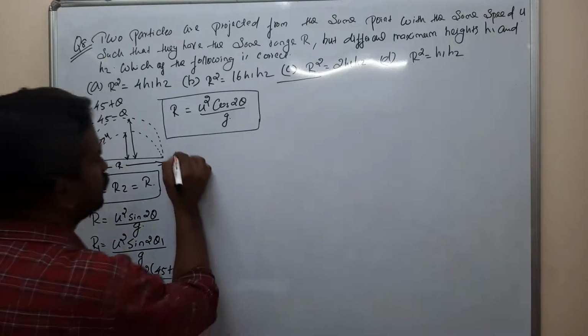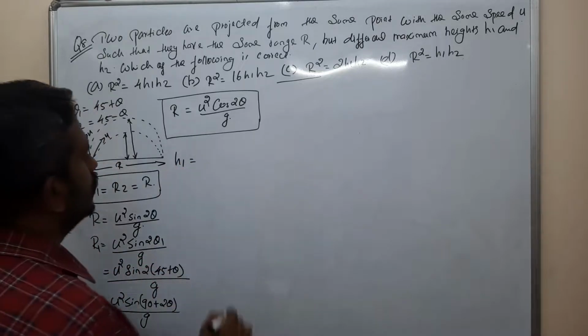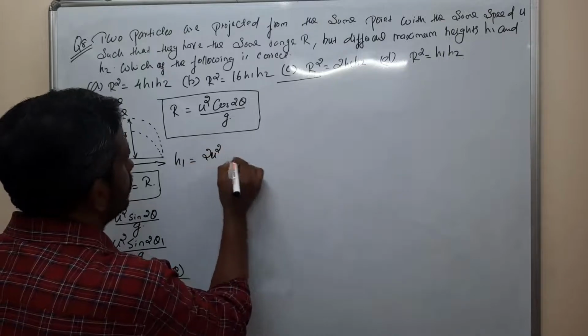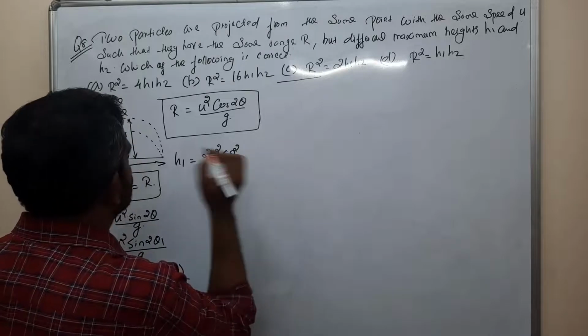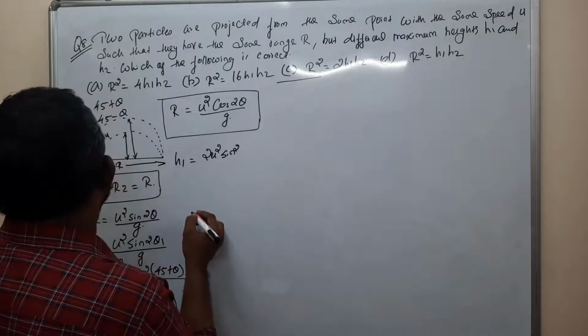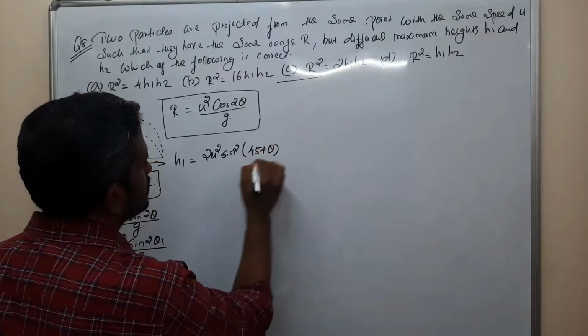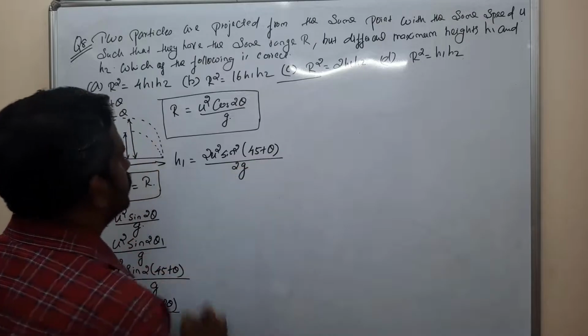Next, the height h1 of the first projectile. h1 is equal to u square sin square theta 1, that is (45 plus theta), divided by 2g.